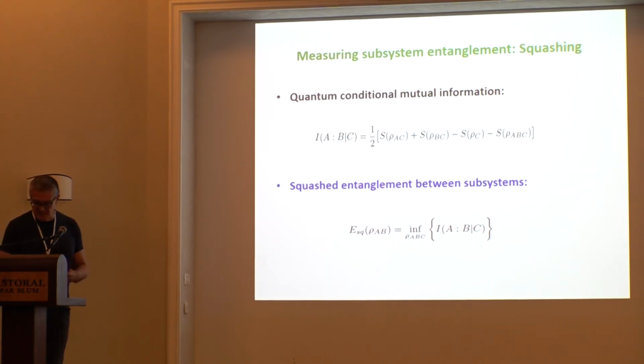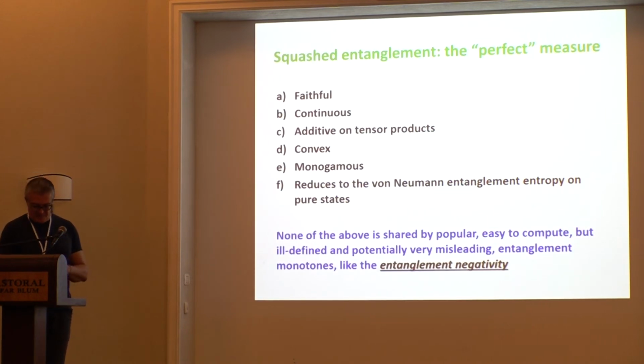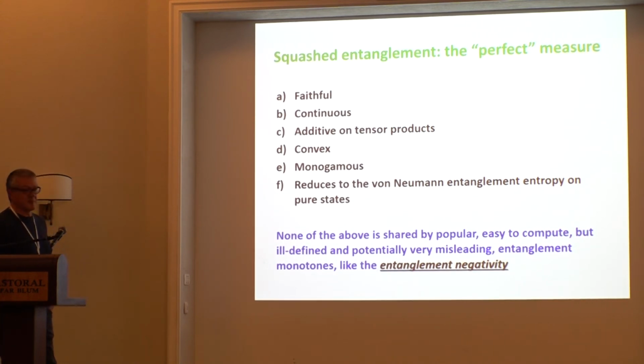The nice thing about squashed entanglement is that it fulfills all the axiomatic requirements for a good measure of entanglement. No other measure fulfills all these requirements at the same time. Faithful means that the entanglement is zero if and only if the state is separable.